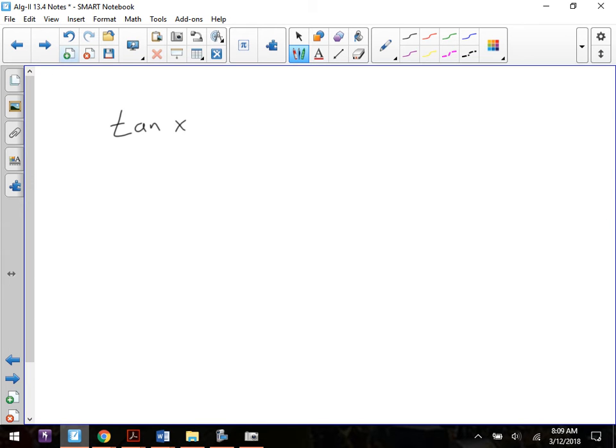If you think about what's happening with tangent, as you go through your 4 points around, you're at 1, 0, 0, 1, -1, 0, and then 0, -1. Those are all your points on the quadrantals. We're okay with that?